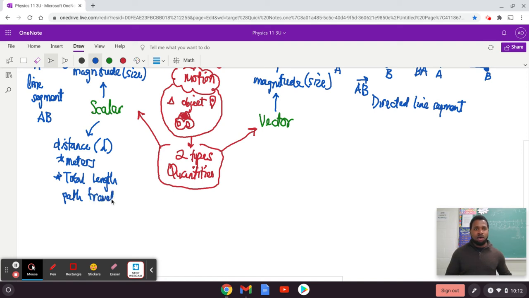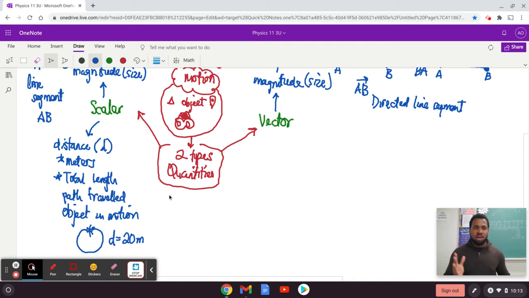When an object is traveling, you actually just measure the path that the object takes in motion. For example, if I have an object starting from here, making a circular path and ending in that same location, and the circular path is measured to be 20 meters, then the distance traveled by the object is 20 meters.